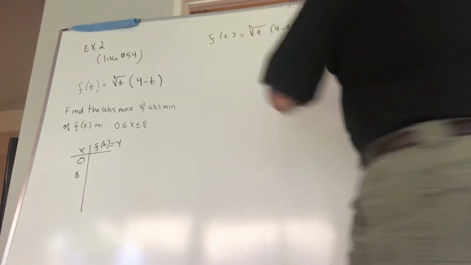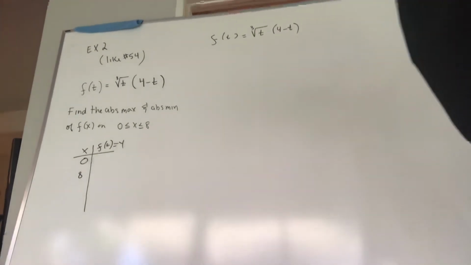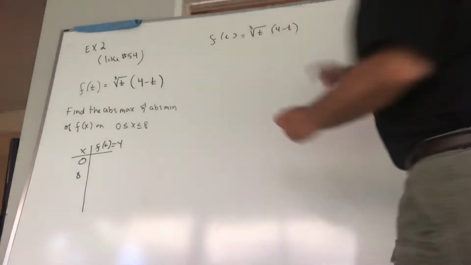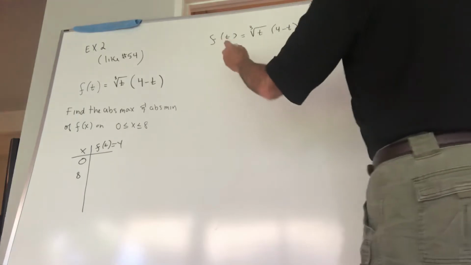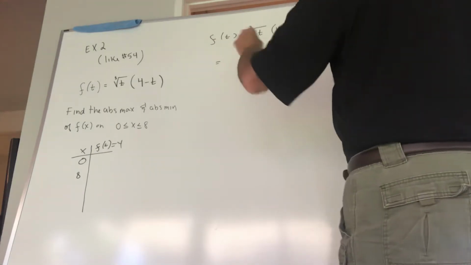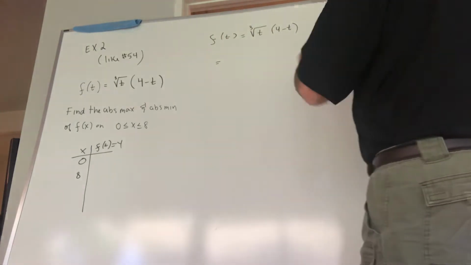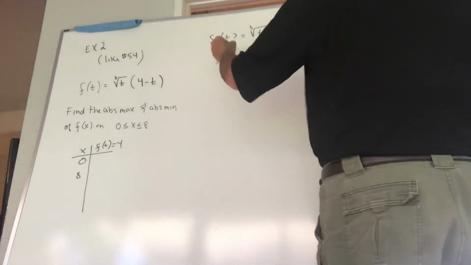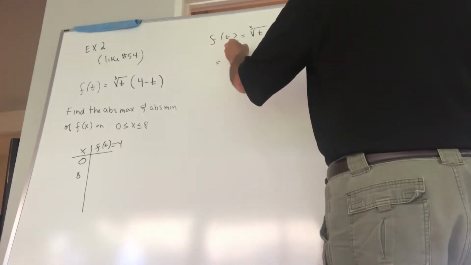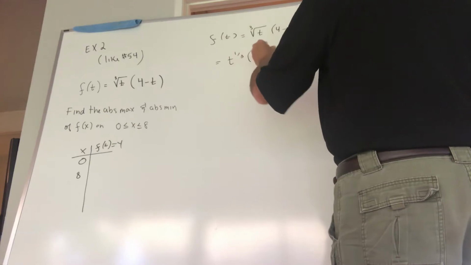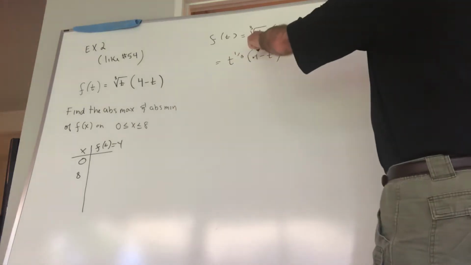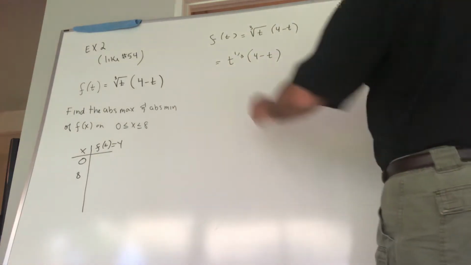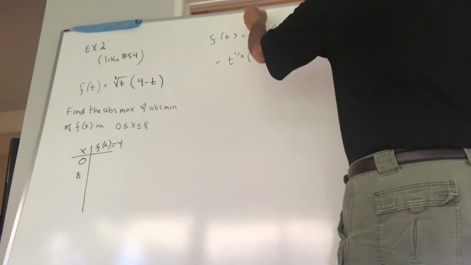Now, you might be thinking that we should do a product rule, but let's not do that. In some cases you should do a product rule, but let's just first change this around. The third root of t, then instead of doing a product rule, distribute this in.